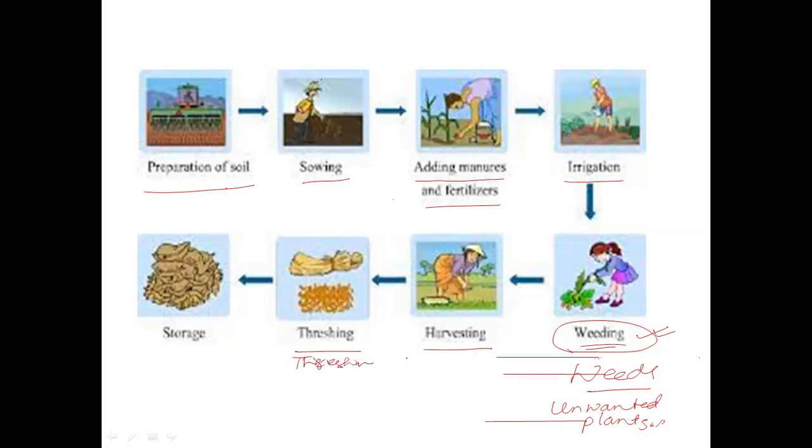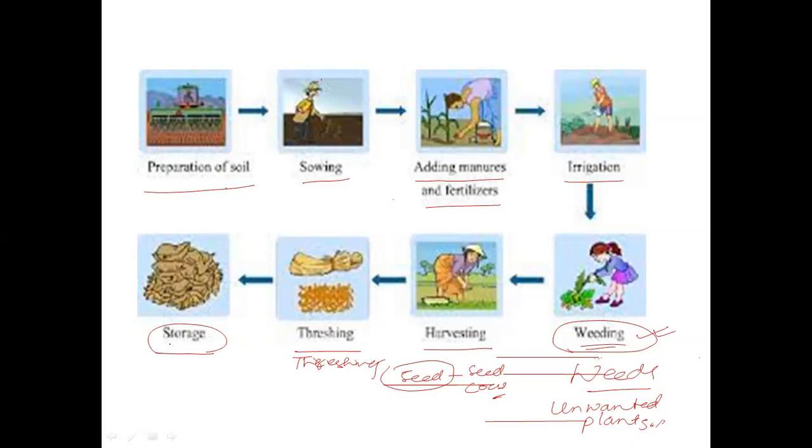After we have harvested or cut our crops, we need to separate the seed from its seed coat. Now after threshing, we need to store our surplus seeds as well. So the last process is called storage.